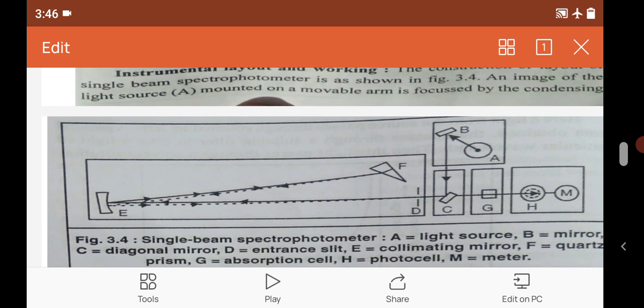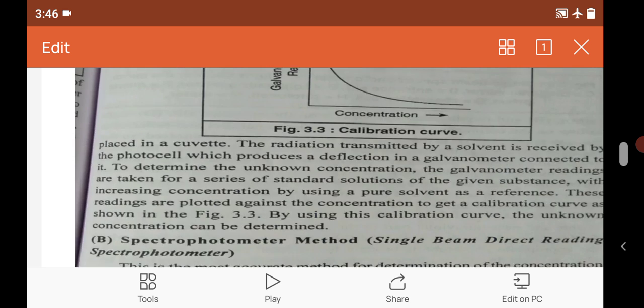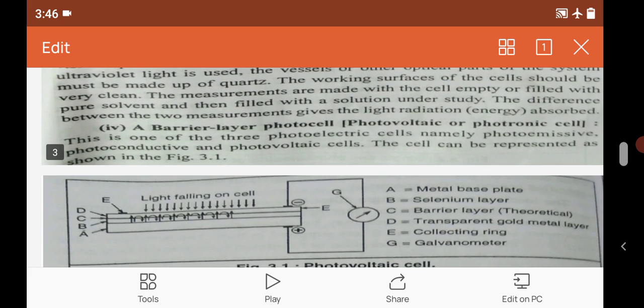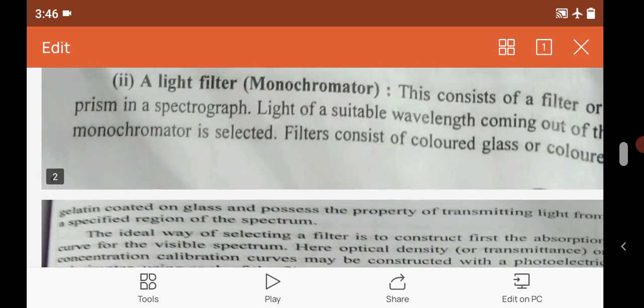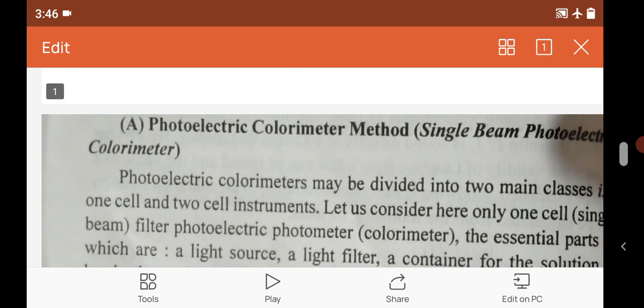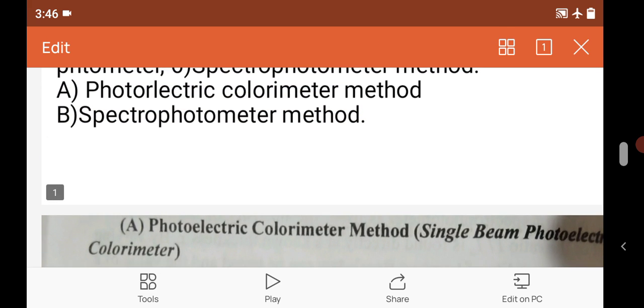Today I discussed two methods, the classification of the two methods, photoelectric colorimeters and spectrophotometers, and their sources.